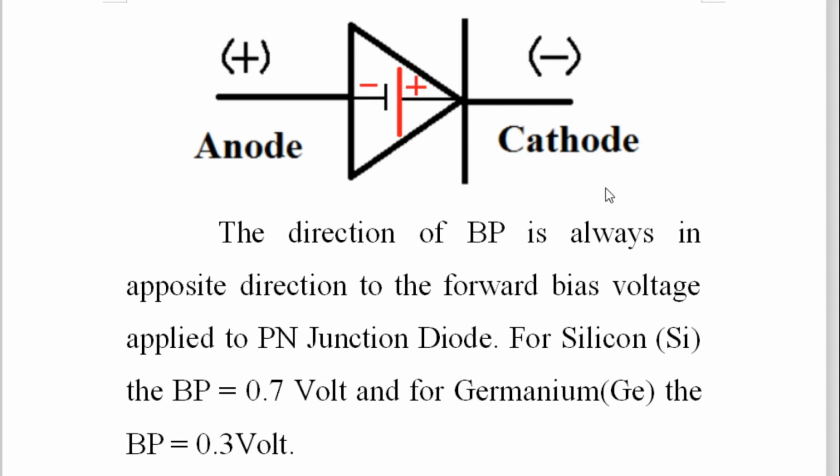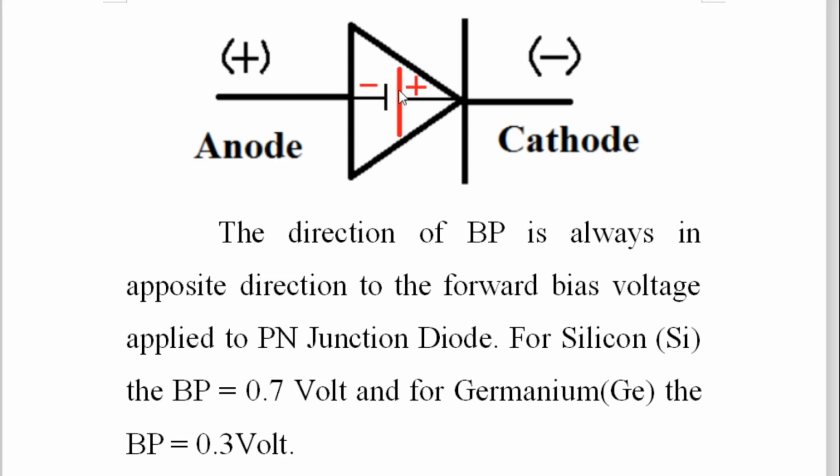That we studied in the second lecture. Forward bias means anode to the positive of the battery and cathode to the negative. Therefore inside the PN junction diode, the direction of barrier potential is always opposite to the forward bias voltage applied to the PN junction diode.